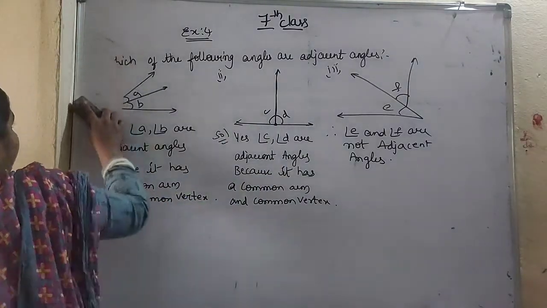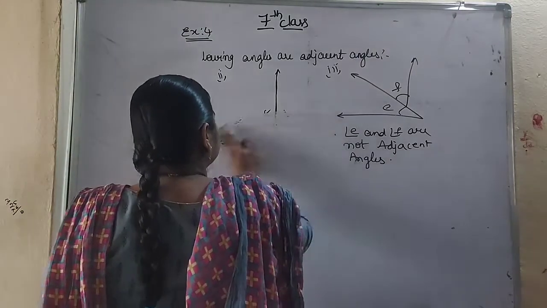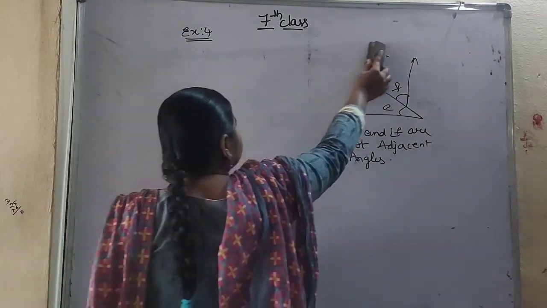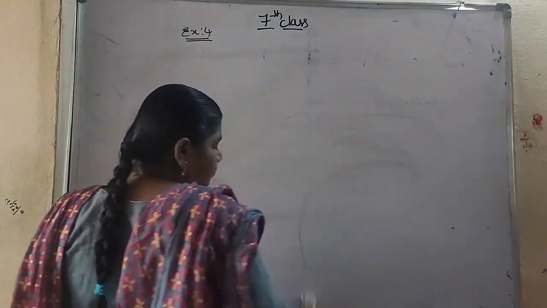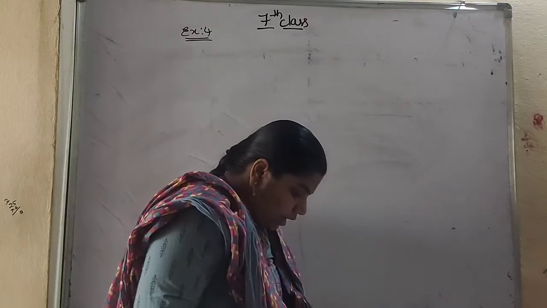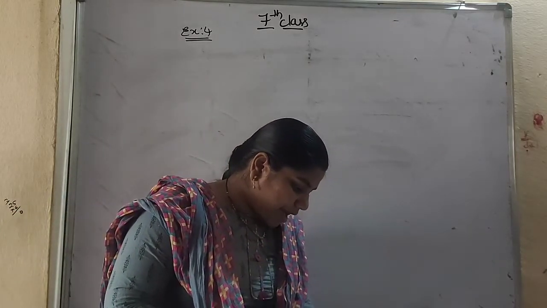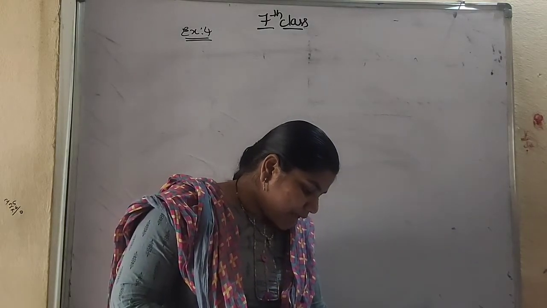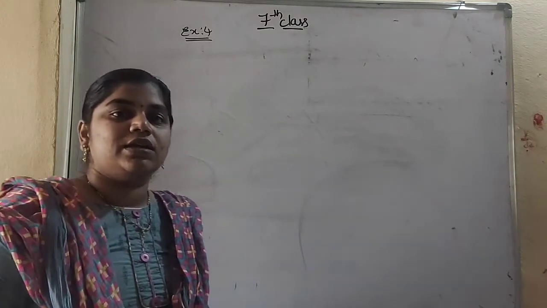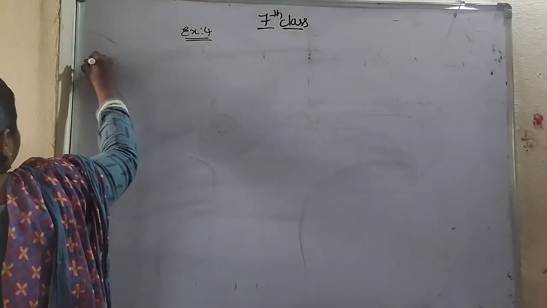Next is the second part. Name all pairs of adjacent angles in the figure. How many pairs of adjacent angles are formed? Why these angles are called adjacent angles, we also have to find. So what is the second question?